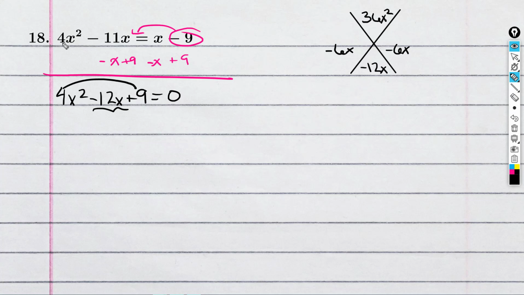And since there is a number in front of my x squared, that means my next step is to go ahead and draw in the box. And we're going to fill in that box.